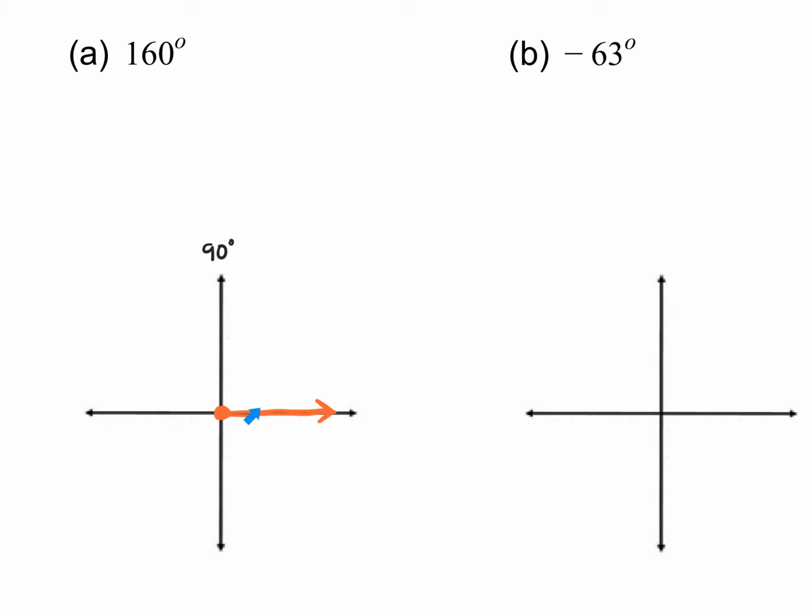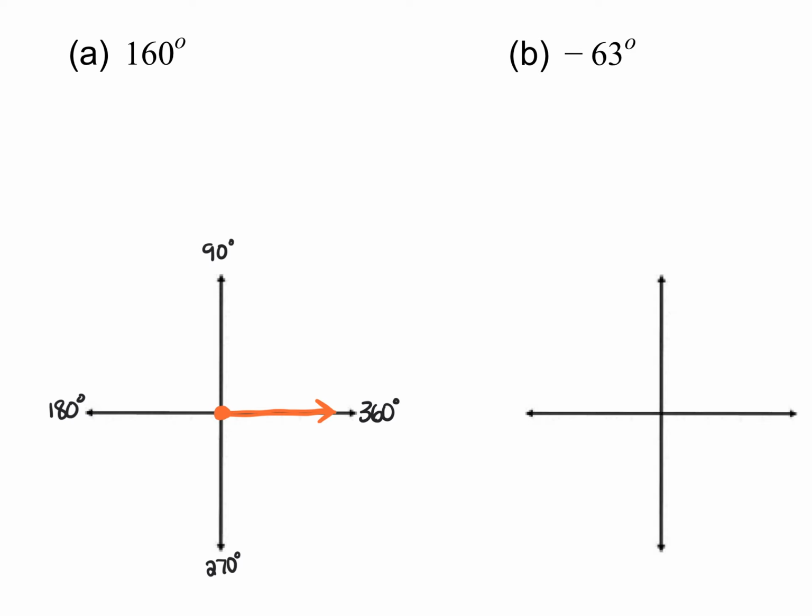If we rotate from here all the way to the negative x-axis, well, now we've rotated 180 degrees. If we rotate from here all the way to the negative y-axis, well, now we've rotated 270 degrees. And then finally, if we rotate from here all the way back to the positive x-axis, that's going to be a total rotation of 360 degrees.